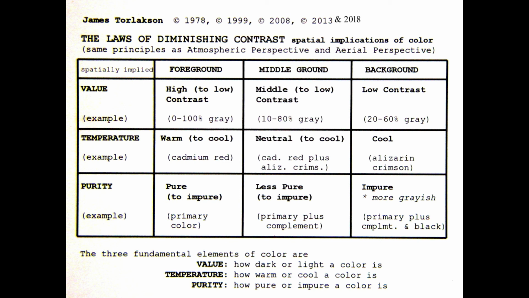Just one more thought is these principles don't only apply to issues relating to realism and the intention of creating three-dimensional space. The principles apply to realism, to abstraction, to non-objective painting, because the spatial implications of color, especially issues of temperature and purity and contrast and value, apply to all forms.